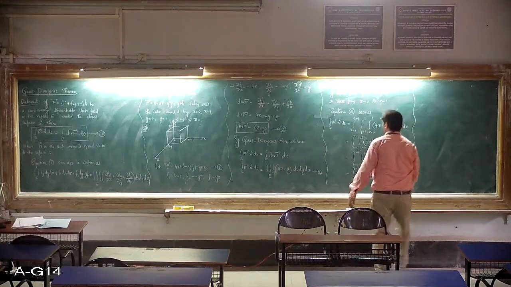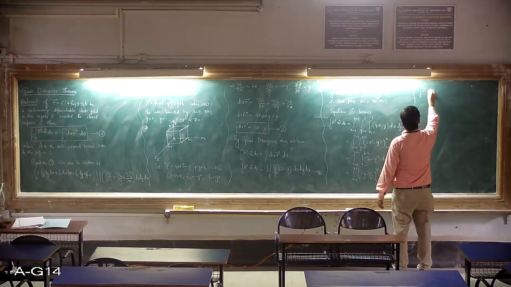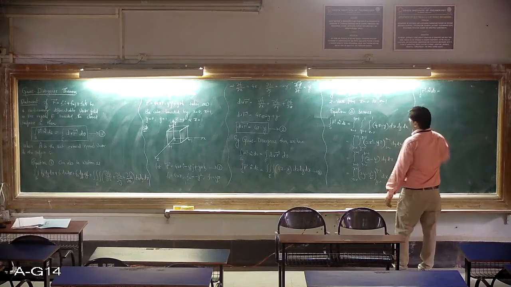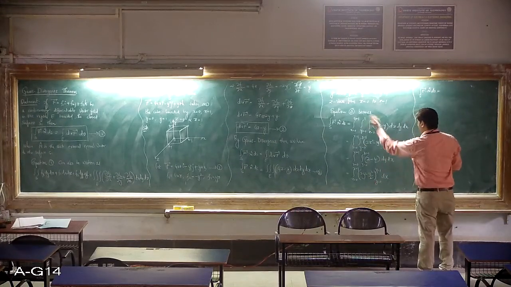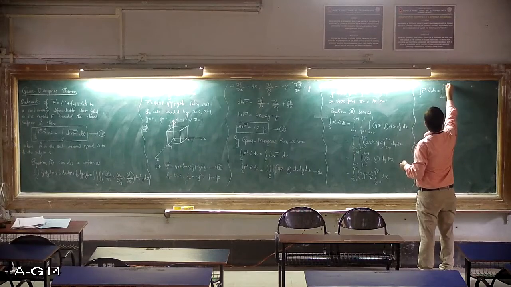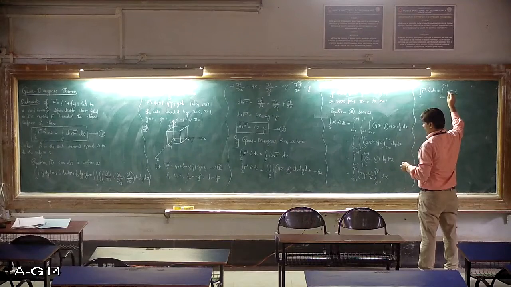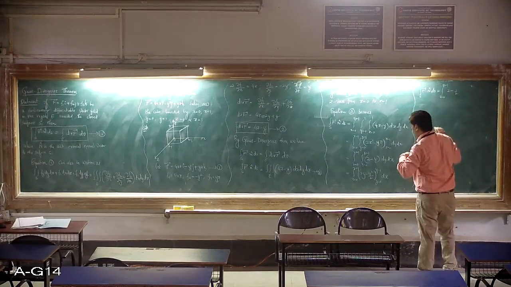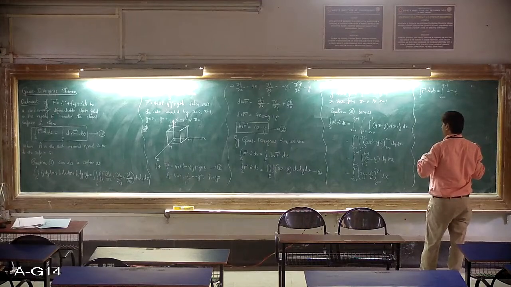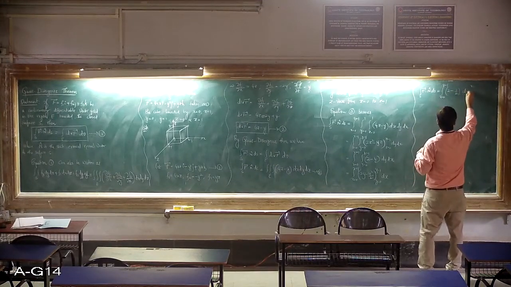Then integration over a surface S, f dot n cap ds equals, putting upper limit, integration x from 0 to 1, this is 2 minus 1 by 2 and minus 0, not to worry, into dx.